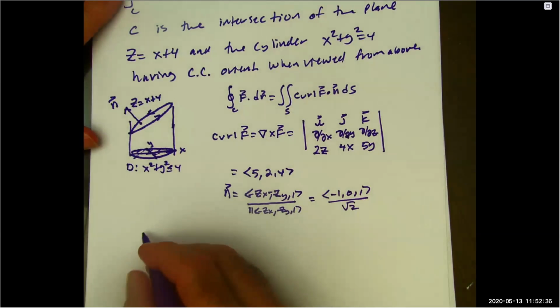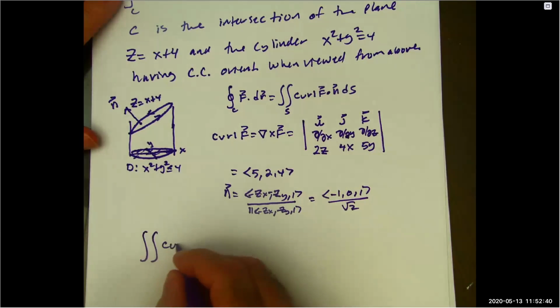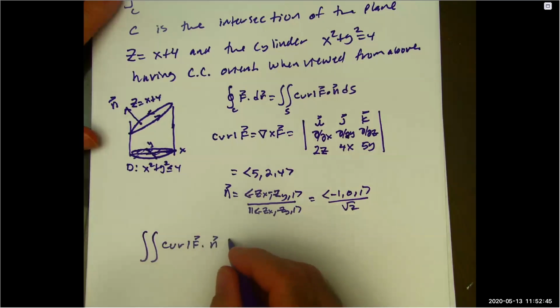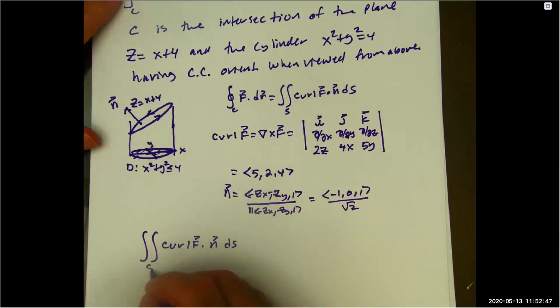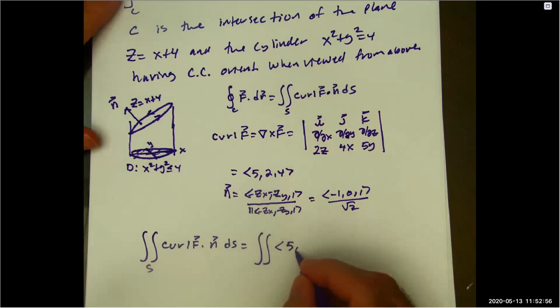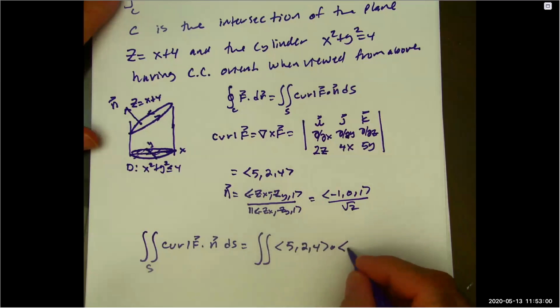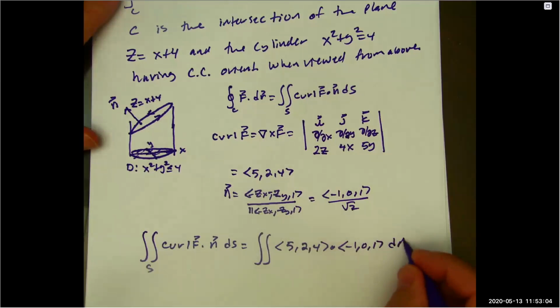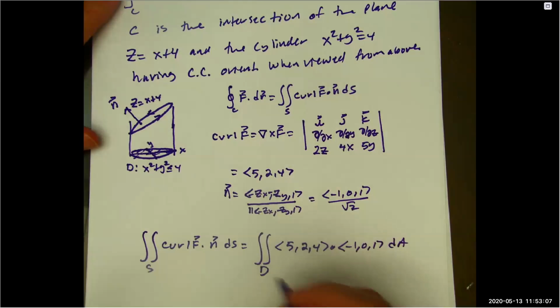So what this means is that if I look at the curl of F dotted with n dS over S, after we cancel those root 2's, we're just going to have 5, 2, 4, and then we're going to dot this with minus 1, 0, 1, dA, after we cancel those dS.